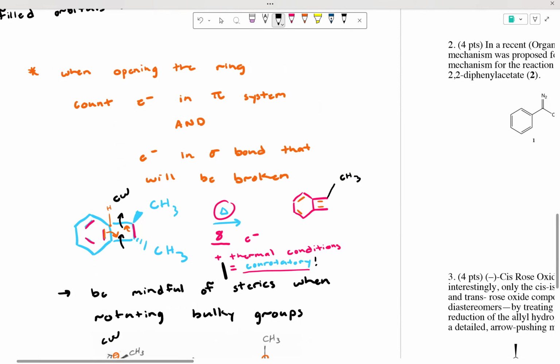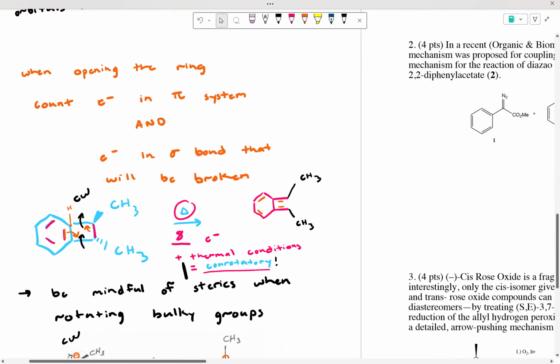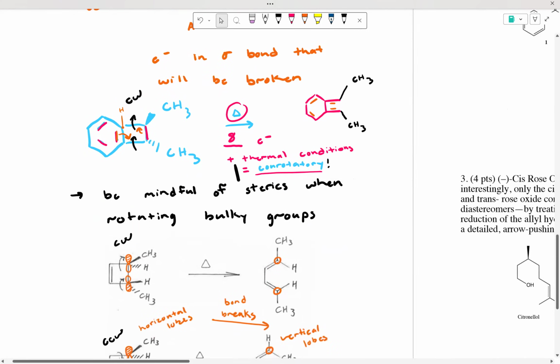This methyl group is already facing away from us, towards the back of the page. But since we're rotating it clockwise, it's going to come towards us, which means it'll be here in the plane of the page. And that is the final answer for that question.